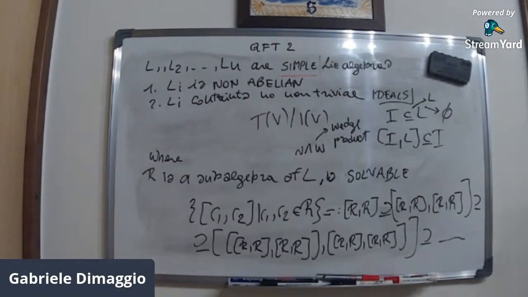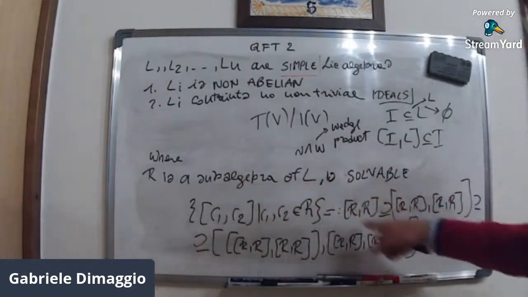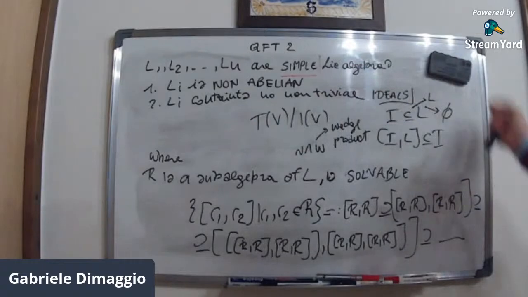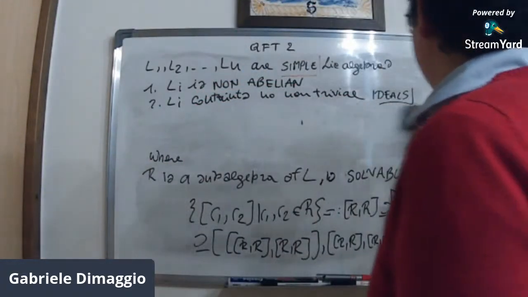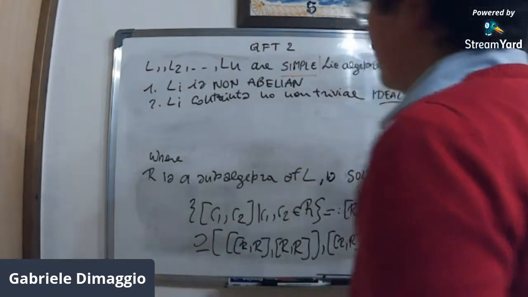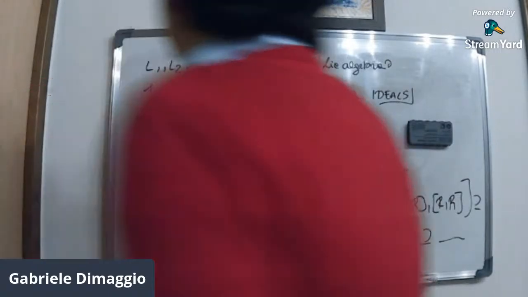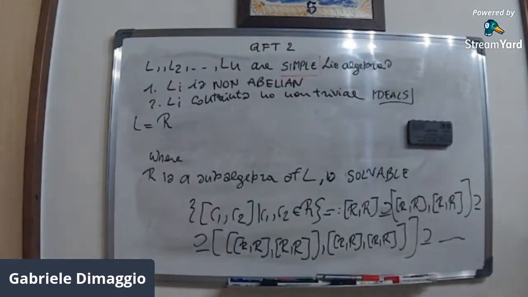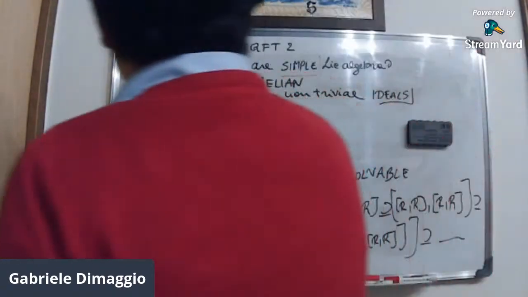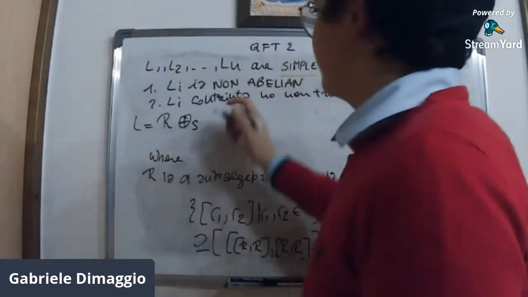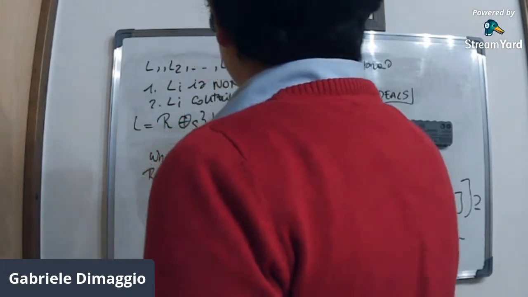Now, I defined the solvable subalgebra and the simple Lie algebra, so now the principal Lie algebra can be decomposed. But I have used two different kinds of direct sum.